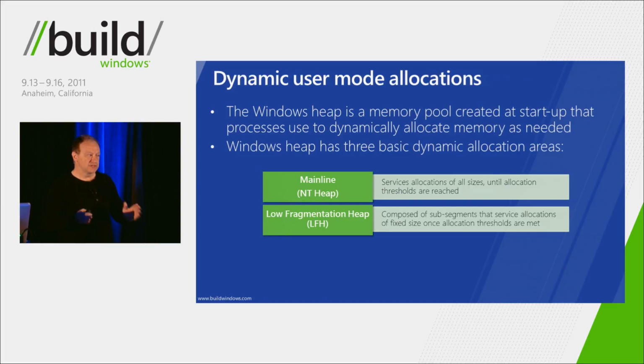So one of the main things to keep in mind, the way the LFH, the low fragmentation heap, works is we will allocate a chunk of blocks. So for example, we may allocate 50 16-byte chunks that we're going to place allocations into. That is called a subsegment. The more outstanding allocations, the more subsegments we have.